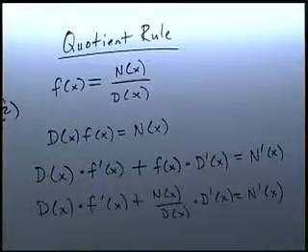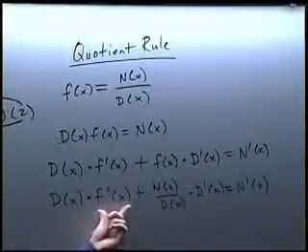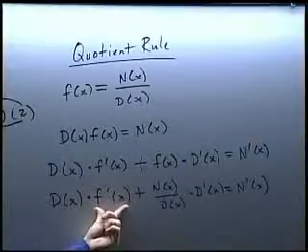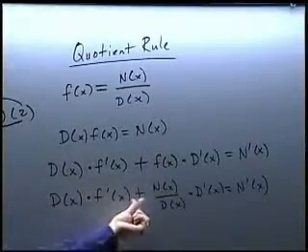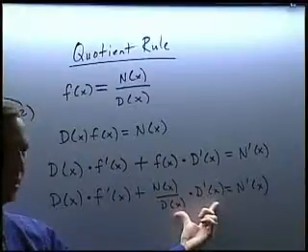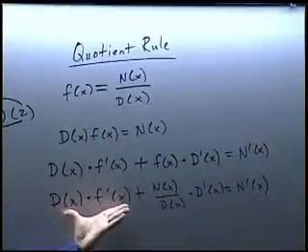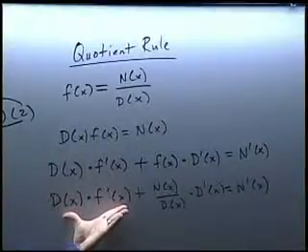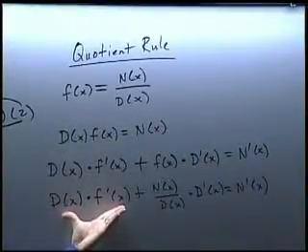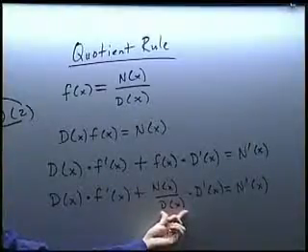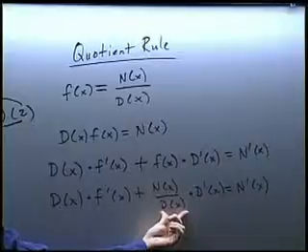If I want to solve this equation for f prime of x, notice I have something plus something equals something else. What will I need to do to try to isolate this term? A couple of things I can do. One of them is I can try to get rid of this fraction first, and in fact, let's go ahead and do that one first.